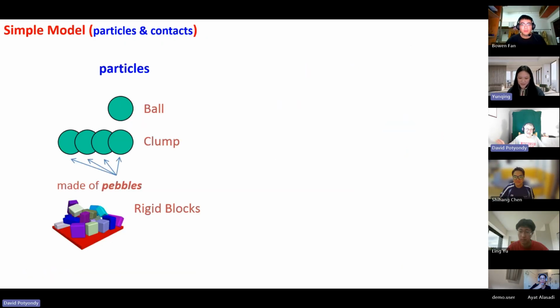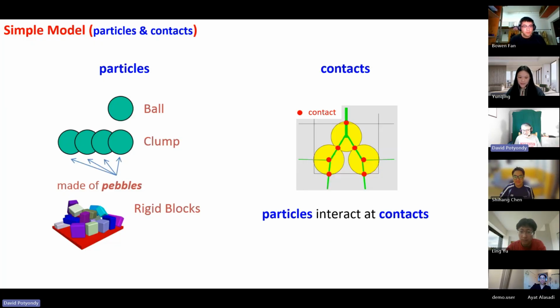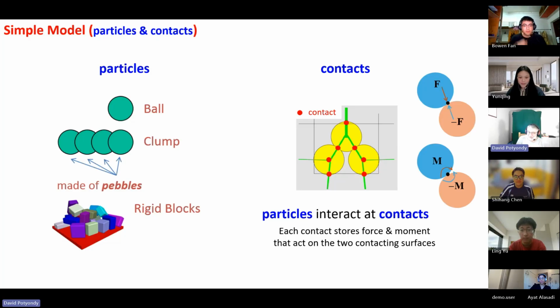Very simple model, particles, contacts. There you see the particles on the left. Here you see the contacts on the right. So the particles interact at these contacts, and what's the thing at the contact? At the contact, there's a force, and that force you can see up here, it's acting equal and opposite.